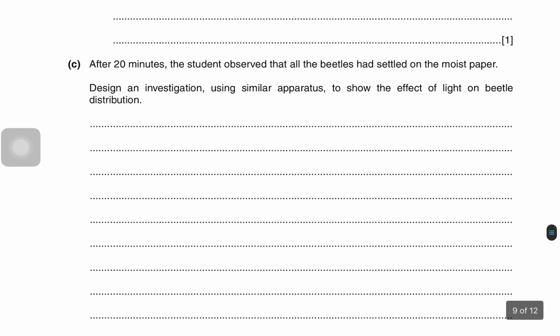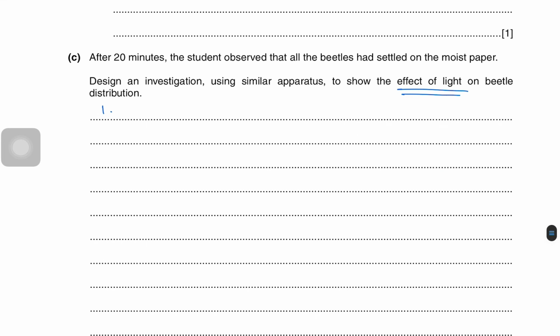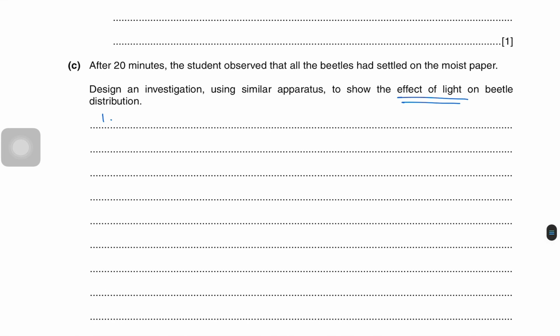Now we are concerned with part C only. After 20 minutes, the student observed that all beetles had settled on the moist paper. Design an investigation using similar apparatus to show the effect of light. So you're concerned with the effect of light. Now you're concerned with beetles, right? So you can perform everything in the same apparatus because your beetles are going to be different already.